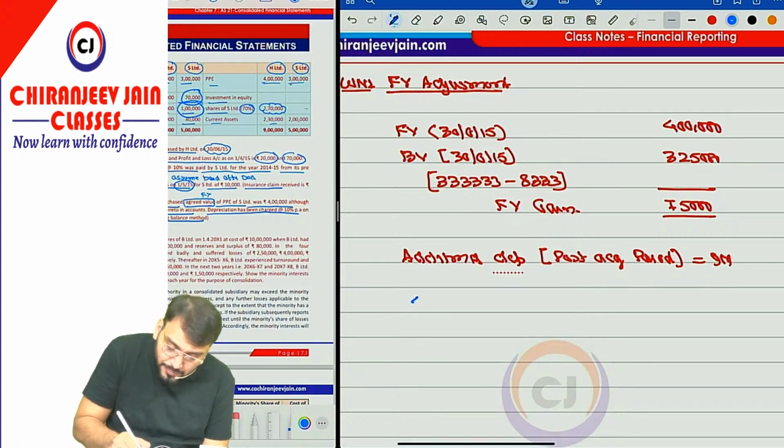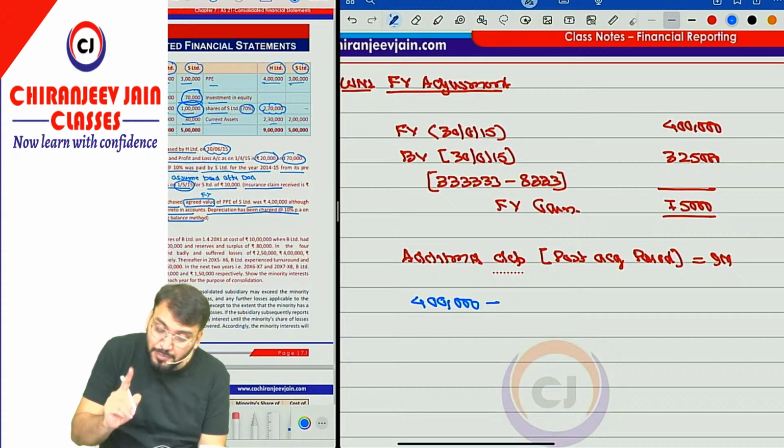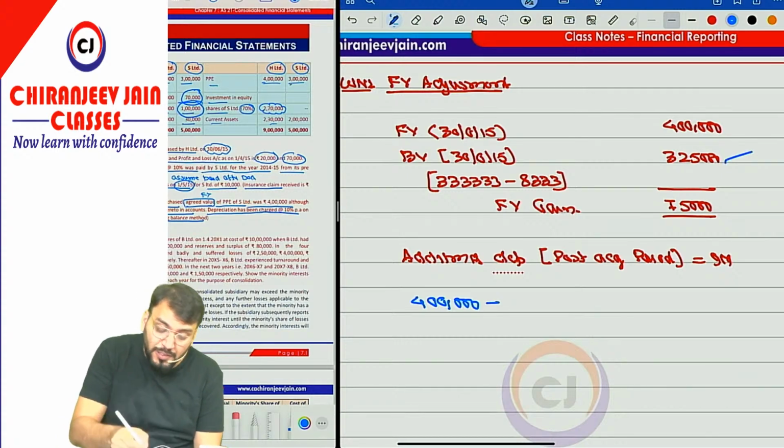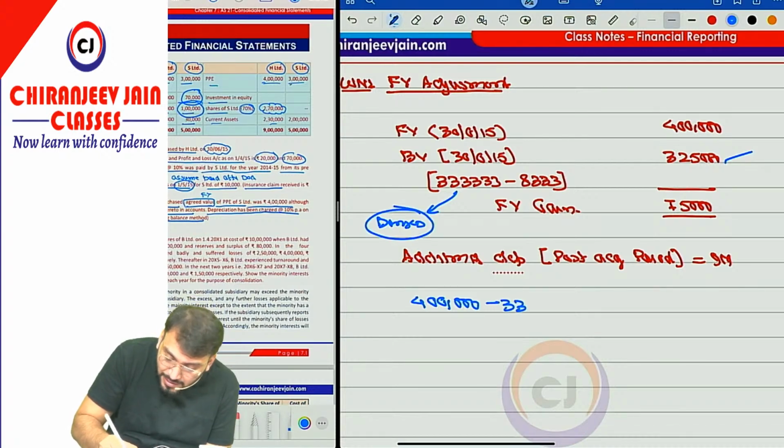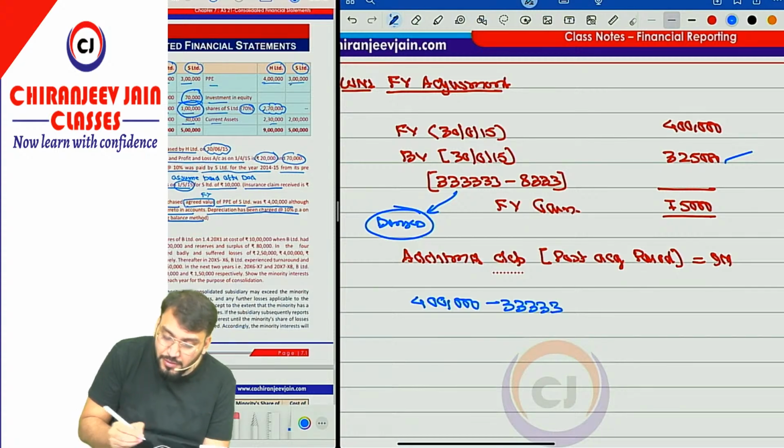On 4 lakh, but the subsidiary company has already charged depreciation on the opening balance. Be careful, don't take this amount, the opening balance. This is danger. Normally students make a mistake here, so we will minus 3,33,333, correct? Have you understood this point?